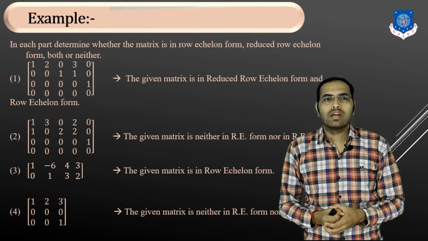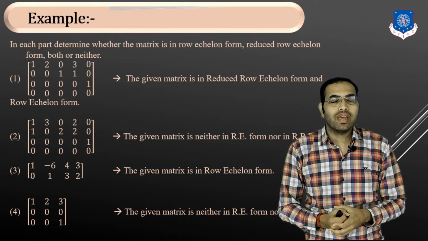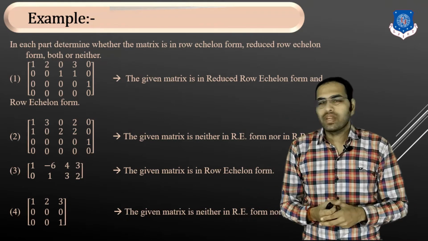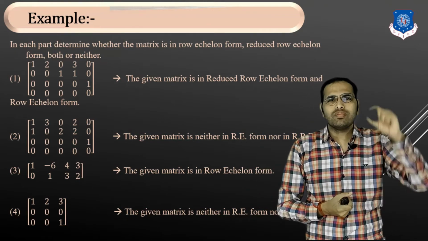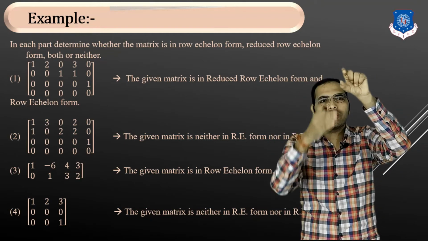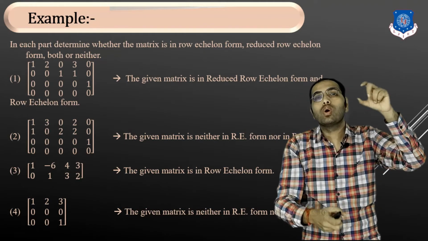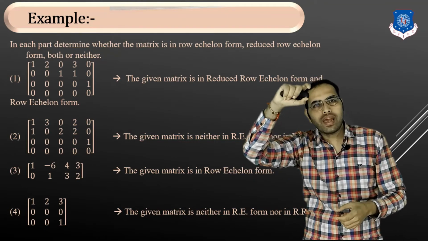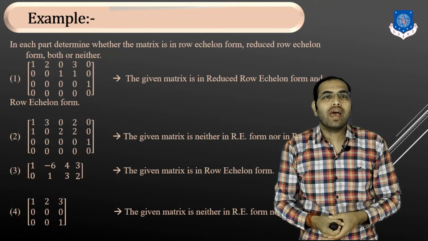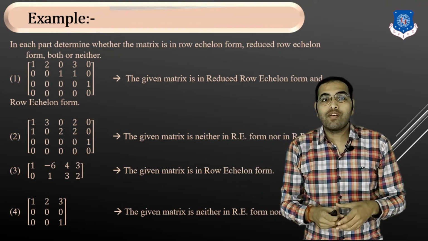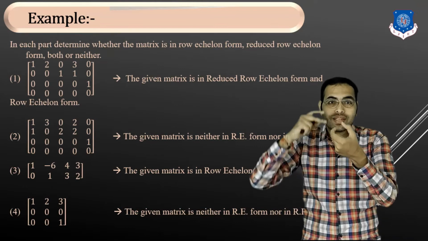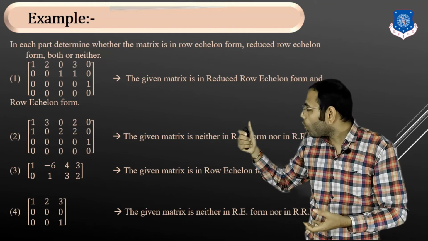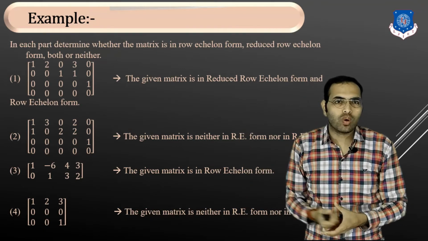In this example, the first condition is satisfied: the zero row lies at the bottom and the non-zero rows are on the upper side. In the second condition, below each leading element all the terms of that column are 0, and the leading elements move from left to right. Every leading element column has zeros except the leading element, so all the conditions of reduced row echelon form are satisfied.